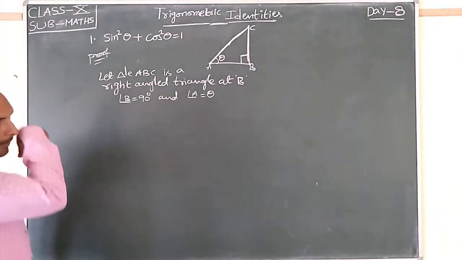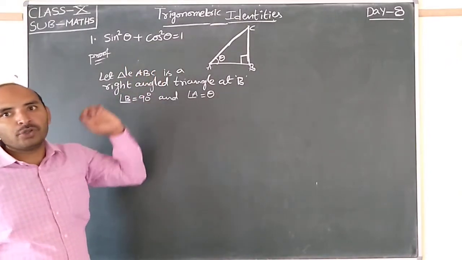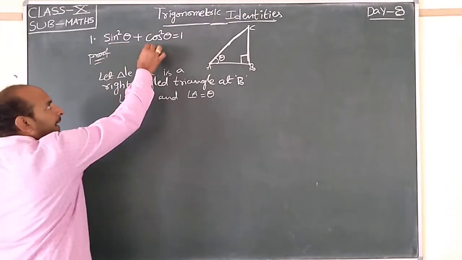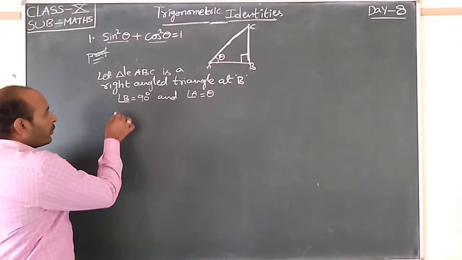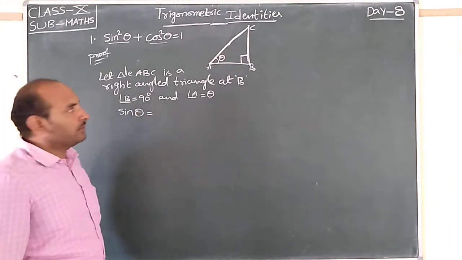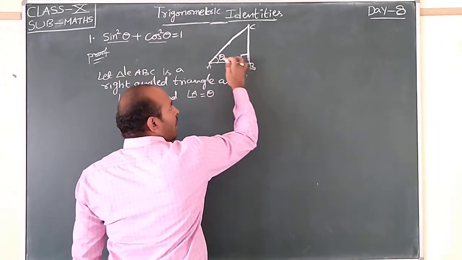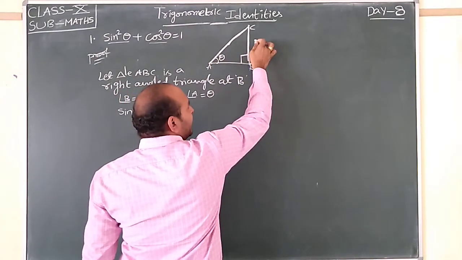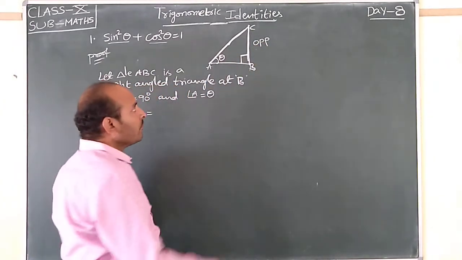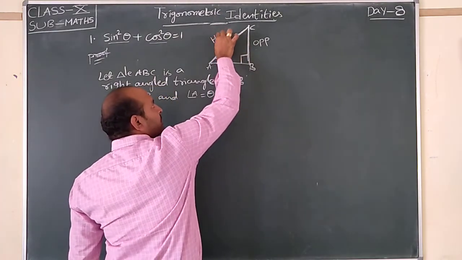So now before that, what we have to prove? Sin square theta plus cos square theta is equal to 1. In this I want to know the sin theta value and the cos theta value. According to this angle, this side is exactly opposite to angle A. This is the opposite side at angle theta, and the side opposite the 90 degree angle is the hypotenuse.